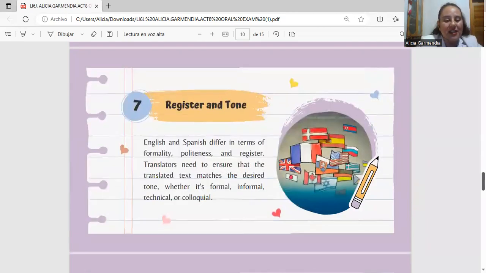Register and tone. English and Spanish differ in terms of formality, politeness, and register. Translators need to ensure that the translated text matches the desired tone, whether it's formal, informal, technical, or colloquial.